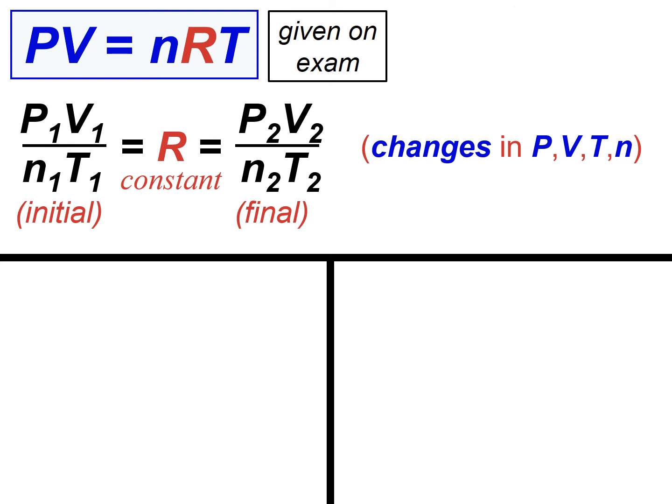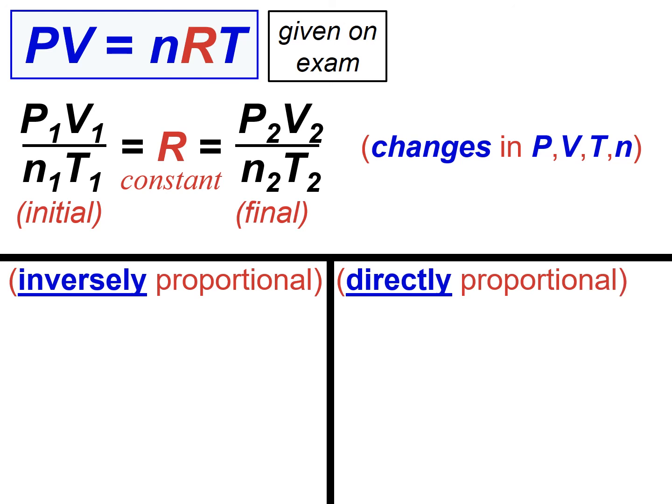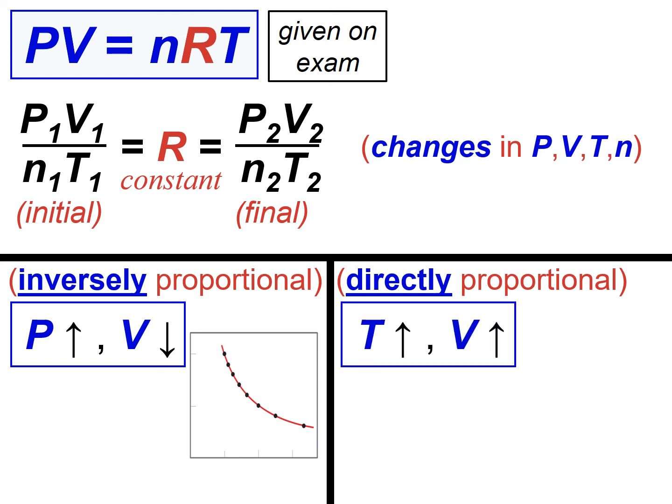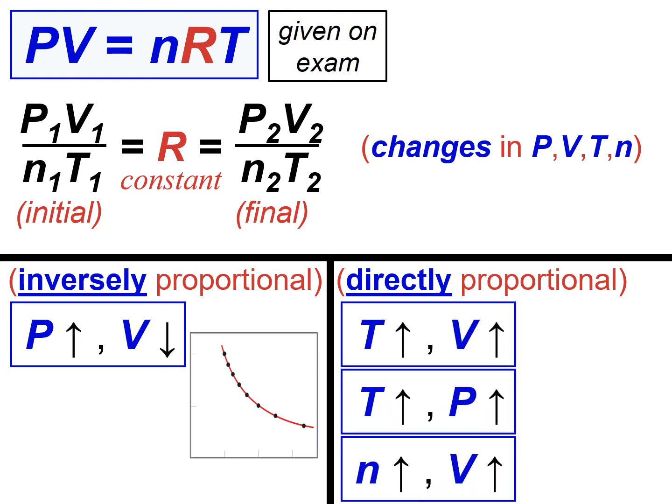What's initial and what's final. PV over nT at state 1 is equal to some R, which is equal to PV over nT at state 2. There are some changes in P, V, T, and N as time goes on. Inversely proportional and directly proportional.